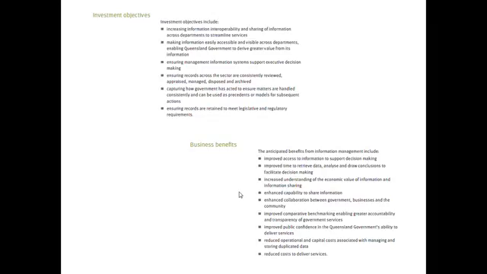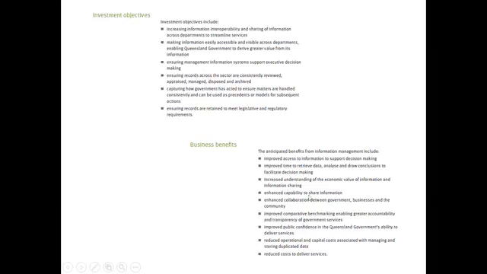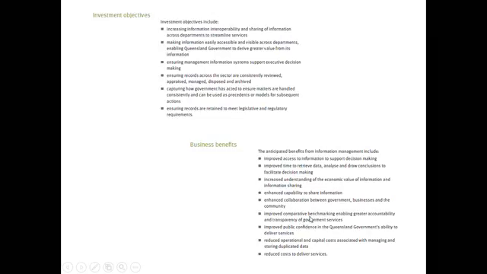Some of the benefits include improved accessibility to information, improved time to retrieve data, increased understanding of the economic value of information, enhanced capability to share information, enhanced collaboration, and improved comparative benchmarking, and this is the area of performance management.